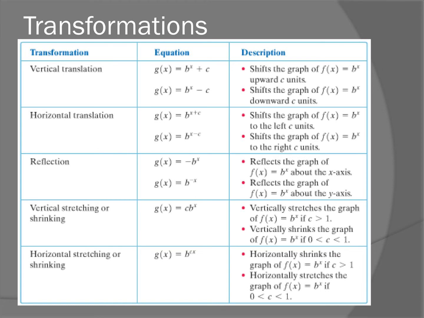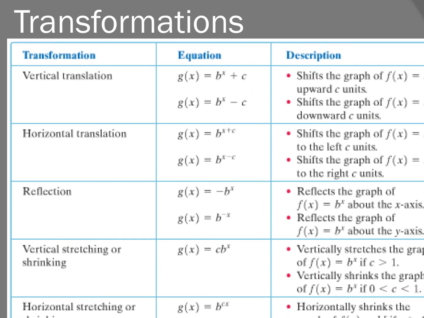So here is the slide that talks about all of our transformations or shifts, as I've been calling them in the last couple examples. So we've seen this before. These transformations happen with any type of function. It could happen to a quadratic function where we have shifts there, anything like that, or an absolute value function. So you've seen this before in Algebra 2.